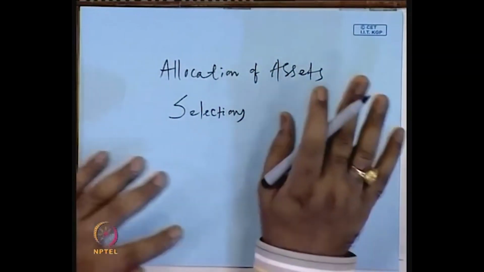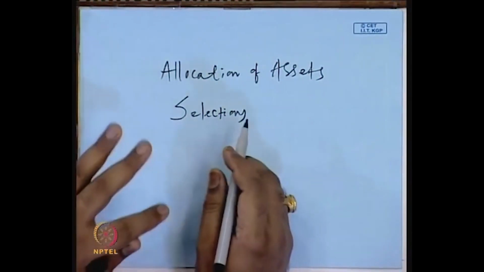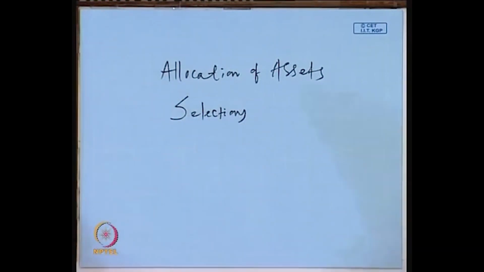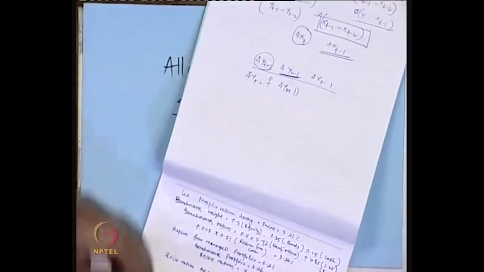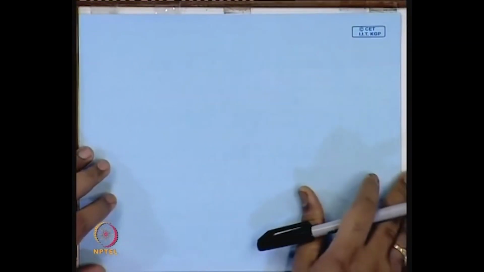Selection means which different instruments he has chosen within a particular sector. So, we have to see how this particular portfolio manager has performed in a particular period of time. That will give us a better result of how this analysis can be made.